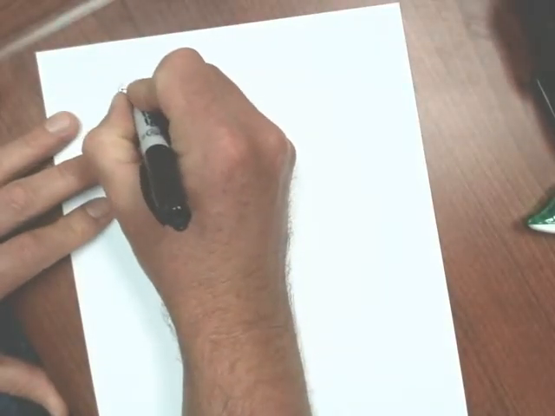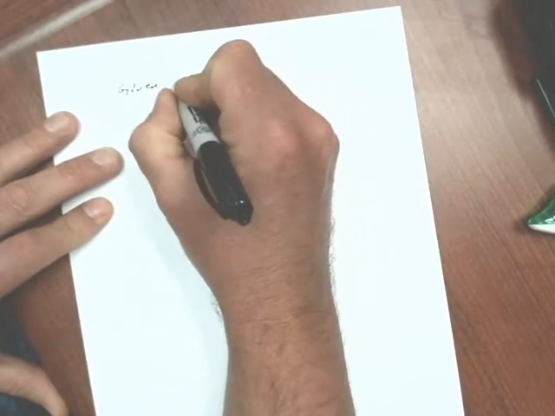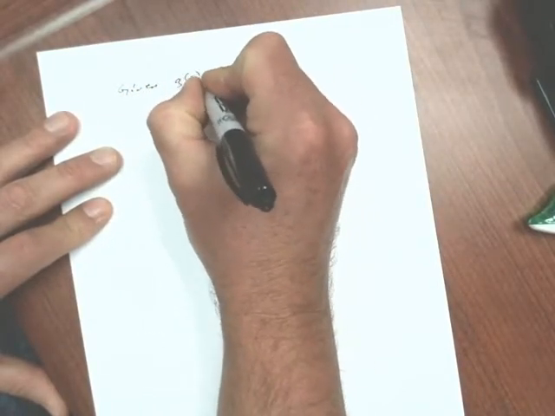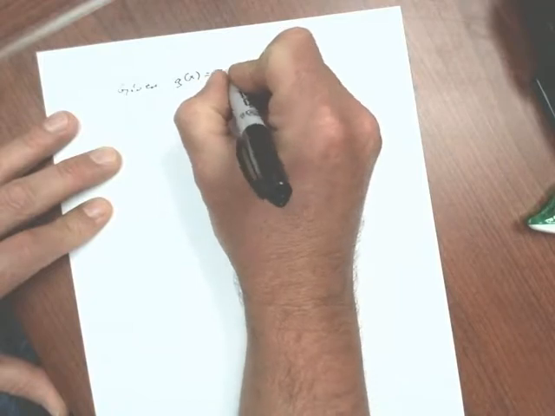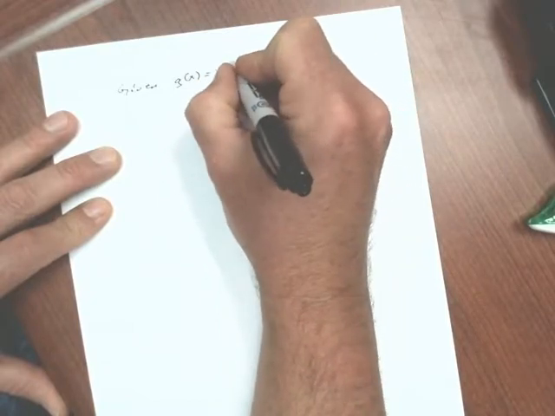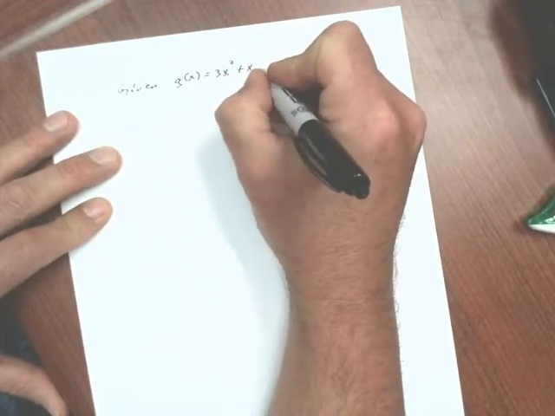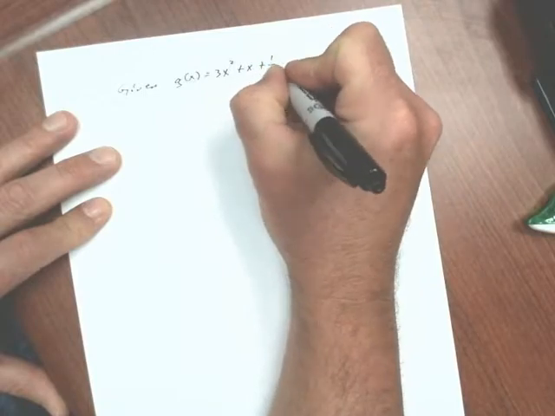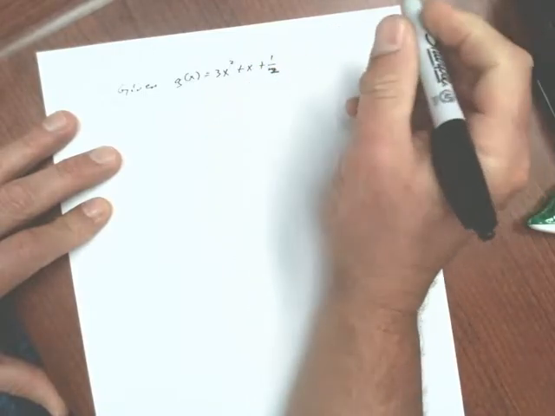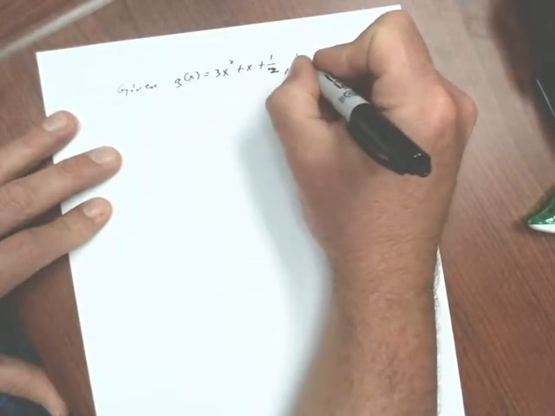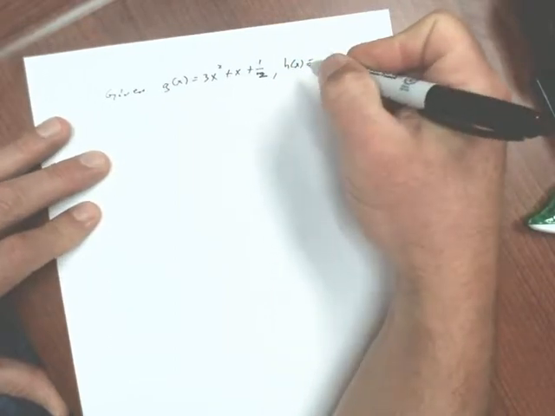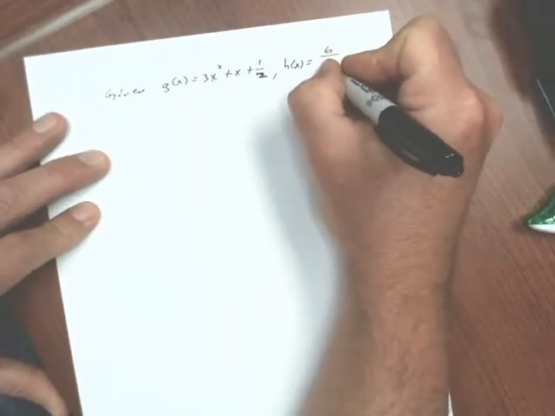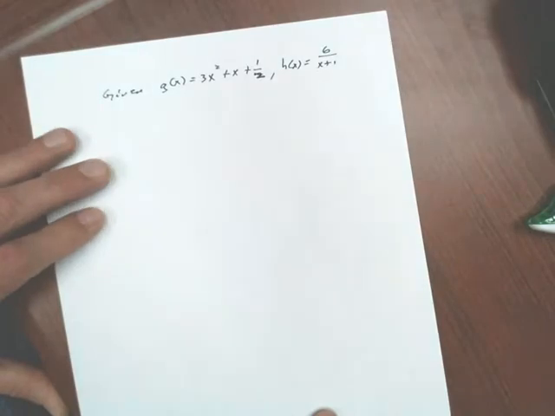So, given g of x equal to 3x squared plus x plus 1/2, and h of x equal to 6 divided by x plus 1.